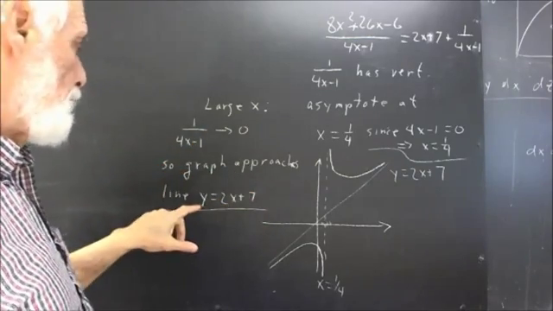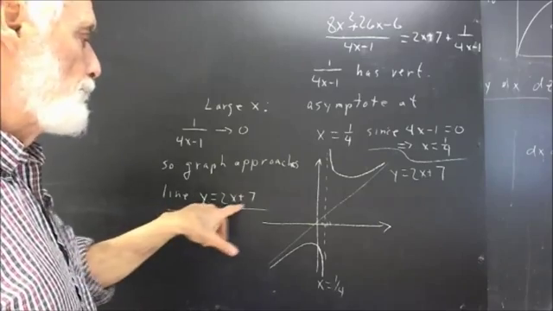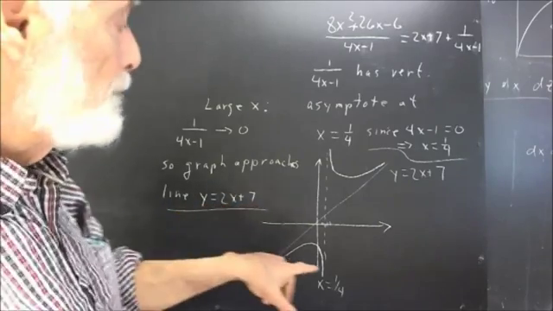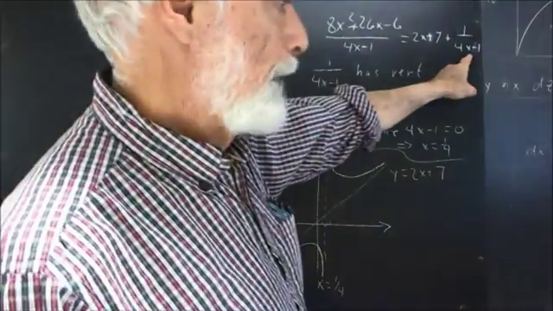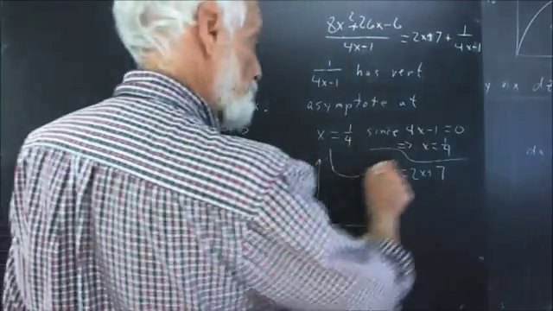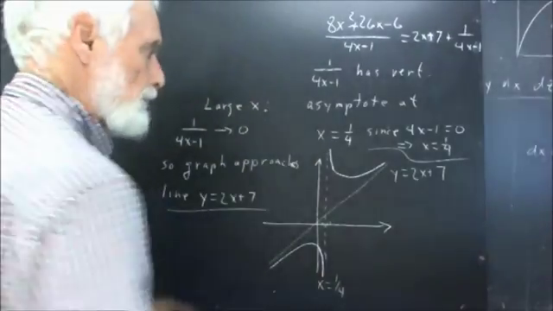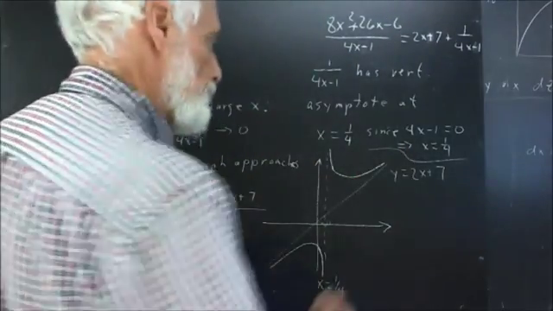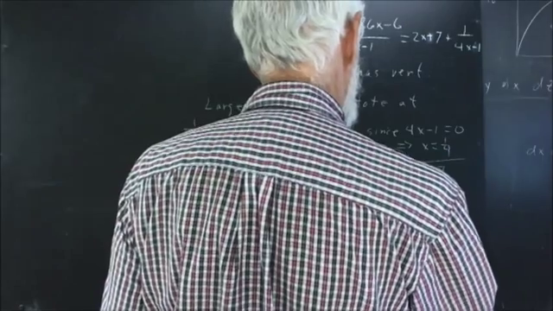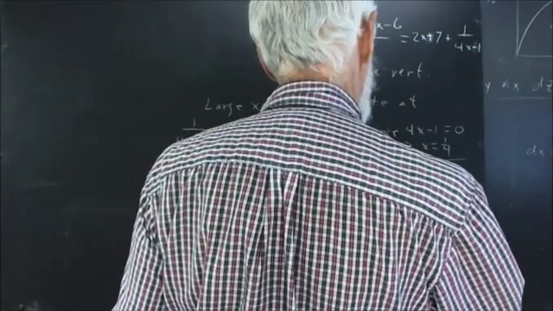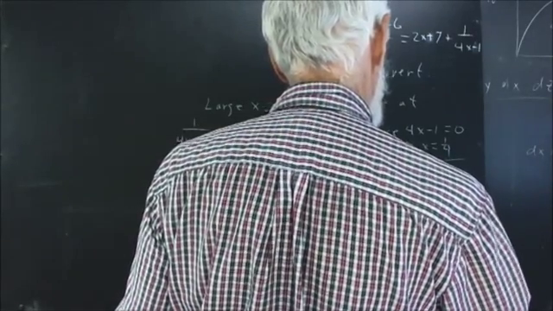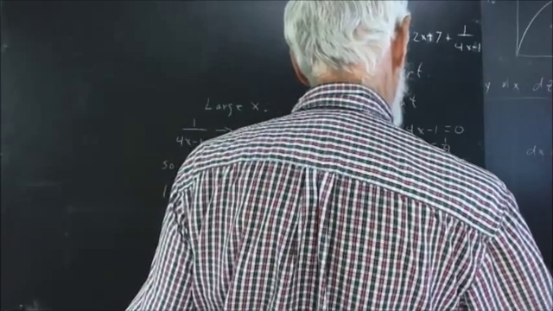The result is that the graph approaches the line y equals 2x plus 7, because if x is big, this doesn't amount to anything, but this does. So for that reason, we have the asymptote y equals 2x plus 7. And this is an oblique asymptote.